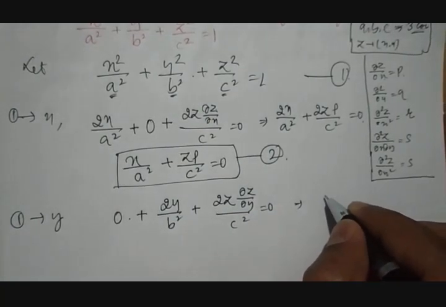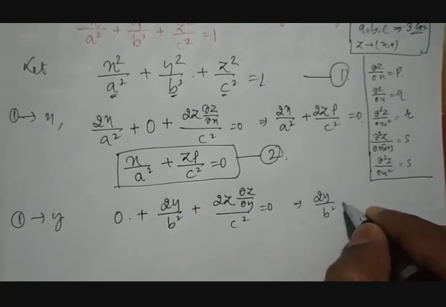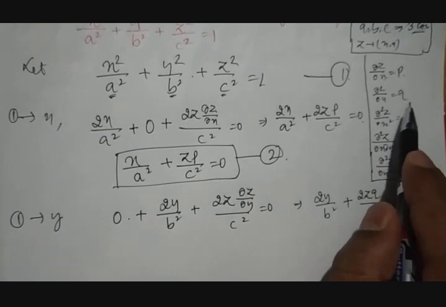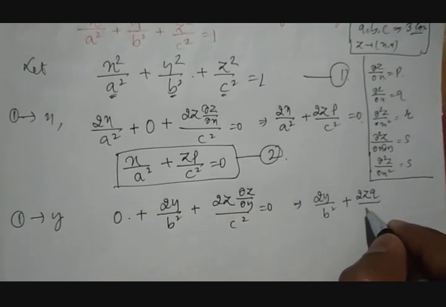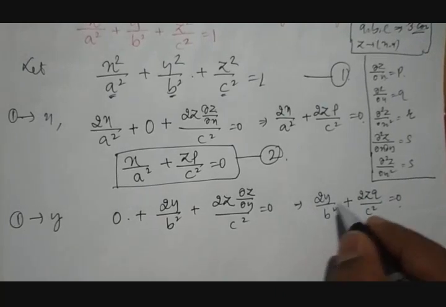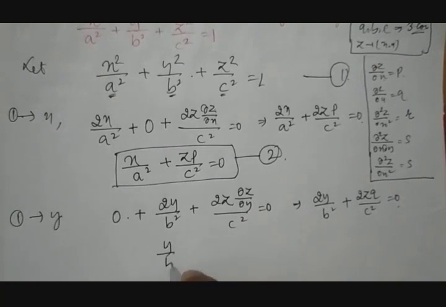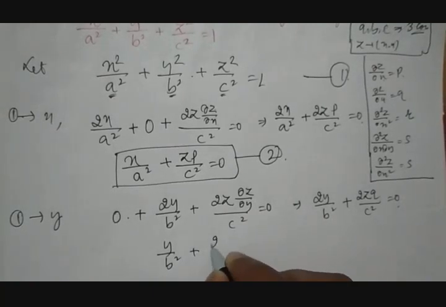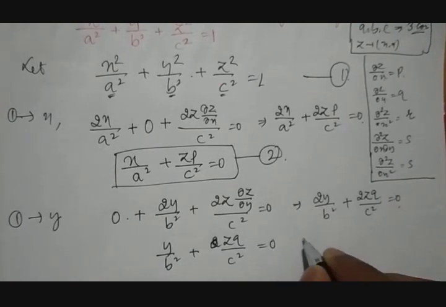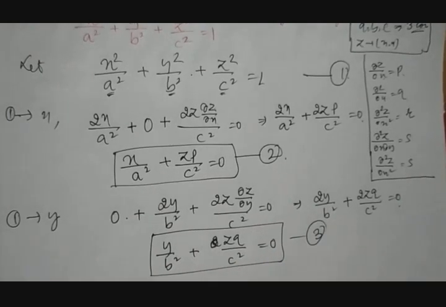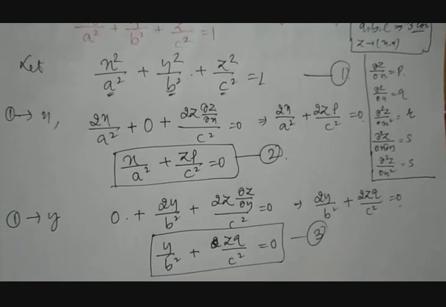This is 2y divided by b square plus 2z into q, because q is the notation, divided by c square equal to 0. Taking 2 common and sending it to the other end, it becomes y divided by b square plus zq divided by c square is equal to 0. This will be equation number 3, which we got after differentiating. Hope with the help of these two equations we may eliminate the arbitrary constants.